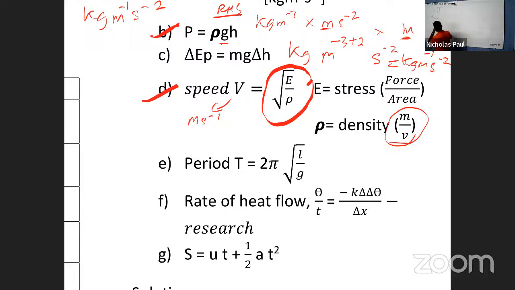Remember, E is force over area, density is mass over volume.